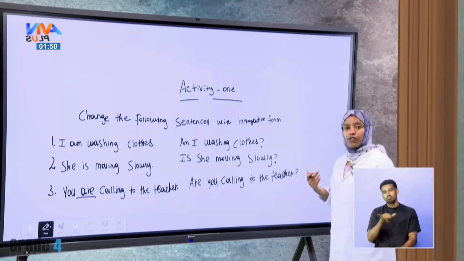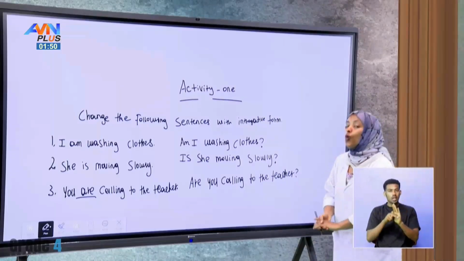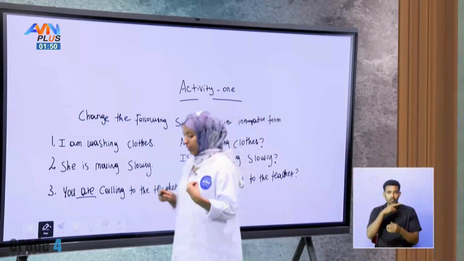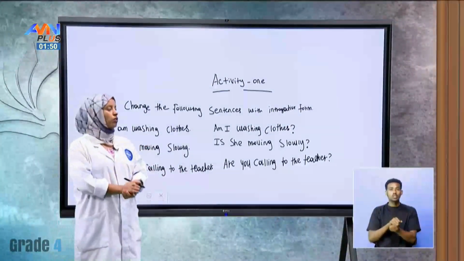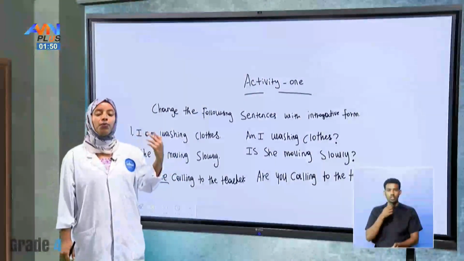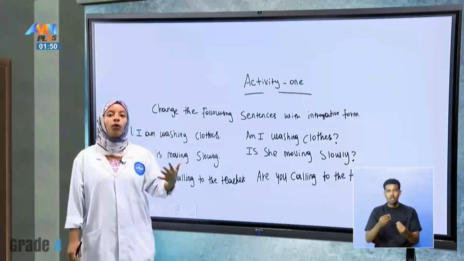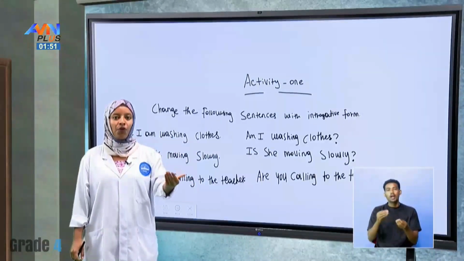So we can change even the sentences into negative sentences by adding not after the verb to be. For example, I'm not washing my clothes. She's not moving slowly. You are not calling to the teacher. By adding easily, what? Not.